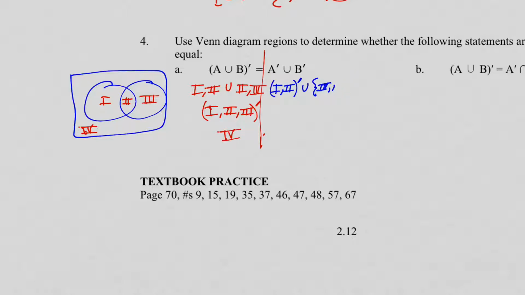Sorry, let me just write this. Parentheses. All right, so now we're going to write down what's not in 1 and 2. Basically 3 and 4, right? And what's not in 2 and 3, which is 1 and 4. Okay. And why do I have an equal sign? I do not know. I'm supposed to have a union sign.